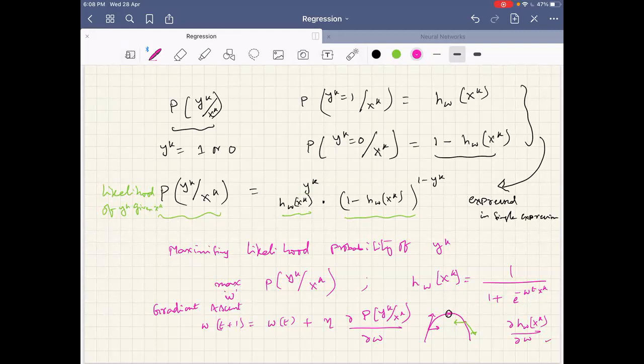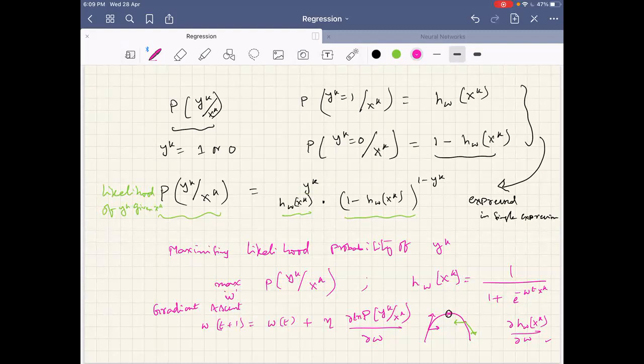One more aspect to consider here is finding derivatives in cases where there are multiplications and powers. It is more convenient to first apply the logarithm and find the log derivative instead of the direct derivative. Thus, the function to be optimized can also be considered as ln of p of yk given xk.